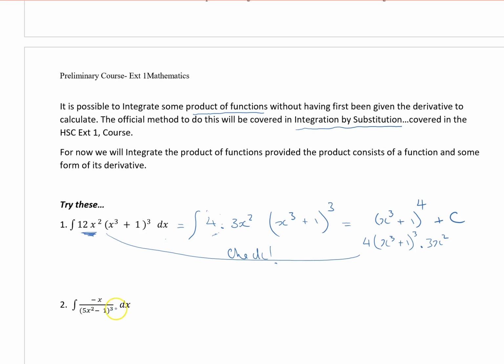Can we bring that out of the denominator and do some expanding and get something nice that we can integrate? And the answer to that is no, because when I bring that 5 out of the denominator, that 3, it becomes a negative 3, and we don't have any way of expanding our bracket with a negative 3.